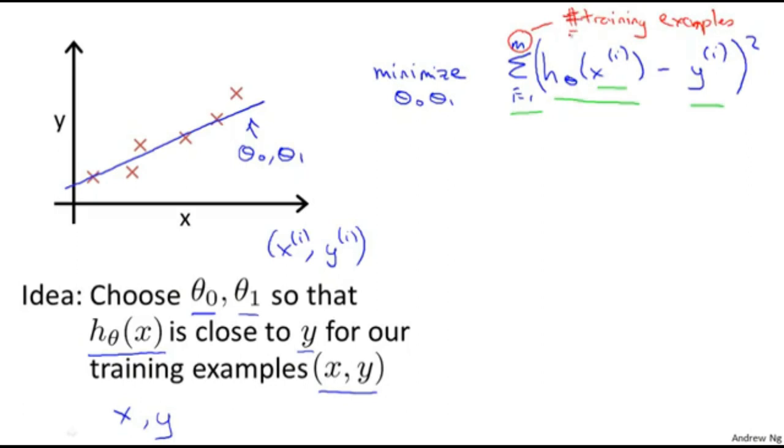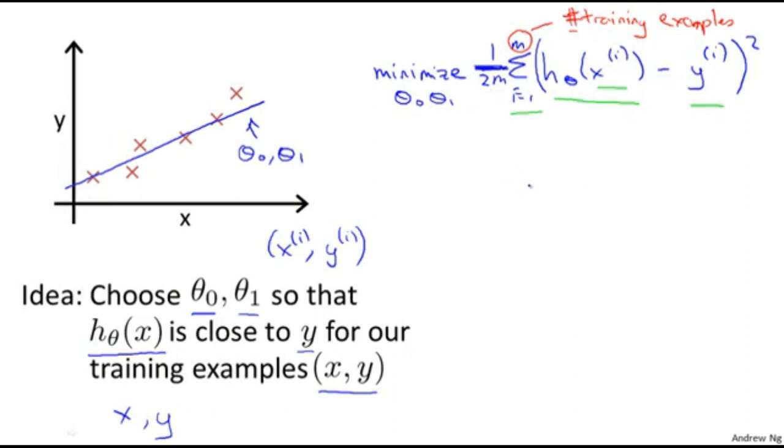Okay, and to make some of our later math a little bit easier, I'm going to actually look at 1 over m times that. So we're going to try to minimize my average error, which is going to minimize 1 over 2m. Putting the constant 1/2 in front just makes some of the math a little bit easier. So minimizing 1/2 of something should give you the same values for the parameters theta 0 and theta 1 as minimizing that function.